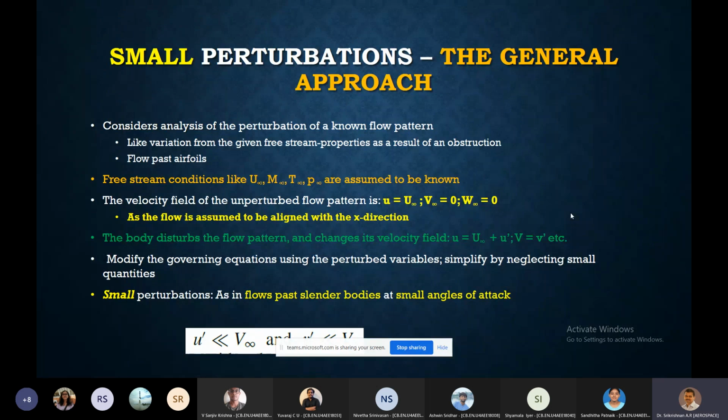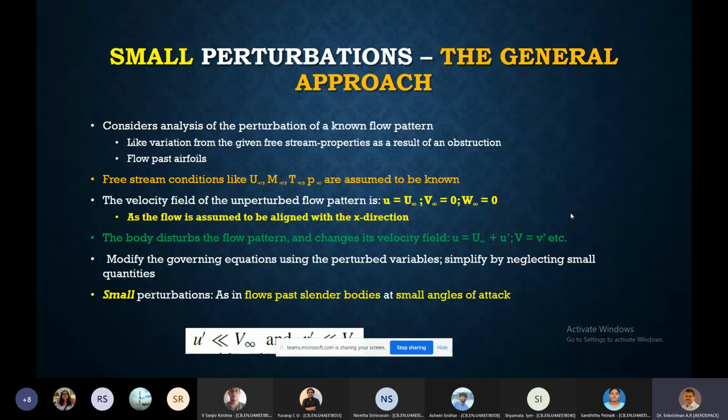So we'll start off with the concept of small perturbations, the general approach, the approach you would have followed in aerodynamics also, while considering flows past airfoils, etc. The perturbation, that is a small disturbance that is caused by the presence of a body in an external aerodynamic field.